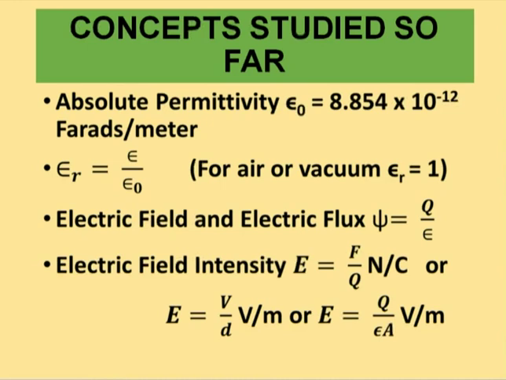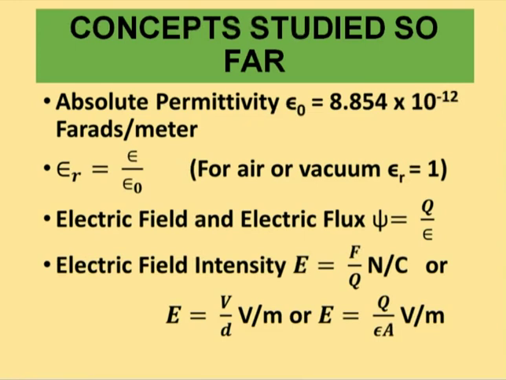We have also discussed the concepts of absolute permittivity and relative permittivity. Basically, permittivity is the ease with which electric flux can flow in a medium. The value for absolute permittivity is 8.854 into 10 raised to minus 12 farads per meter.